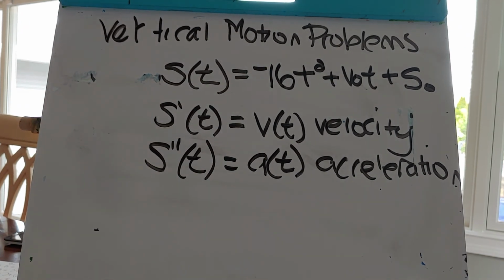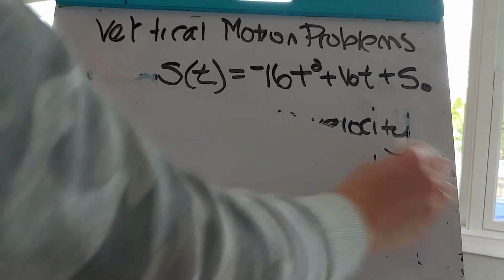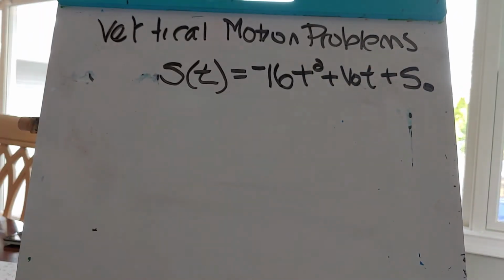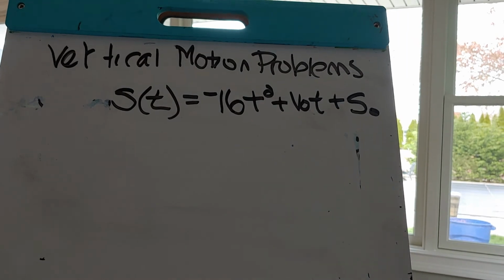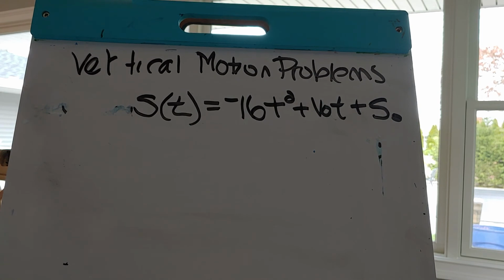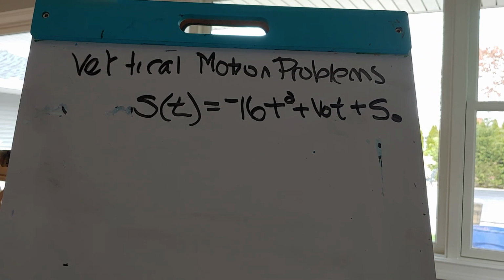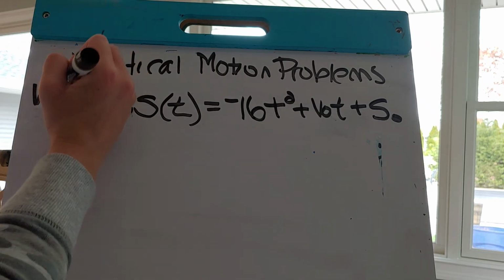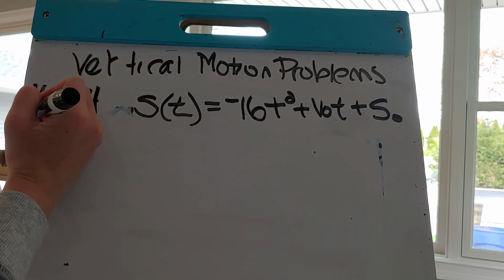All right, so what we're going to do is work with a vertical motion problem, and I'm going to use integration to solve it. We're going to take a ball being thrown up with an initial velocity of 64 feet per second and an initial height of 80 feet.